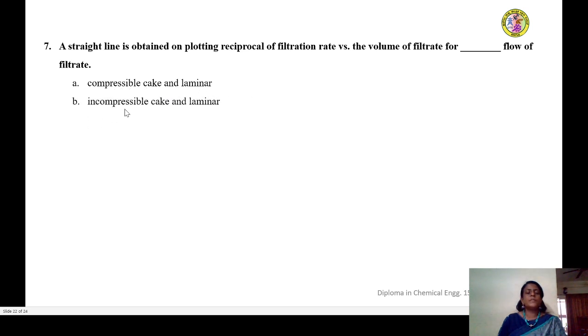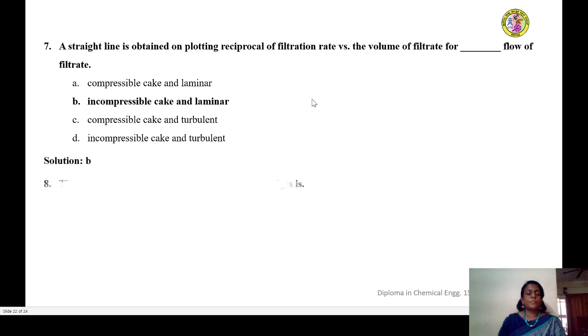Is it the incompressible cake and the laminar flow? Or is it the compressible cake and turbulent flow? Is it the incompressible cake and turbulent flow? So usually the cake that is incompressible, and whenever the flow is laminar, during that time this variation will be linear. Okay, so option B is the right answer for this question.